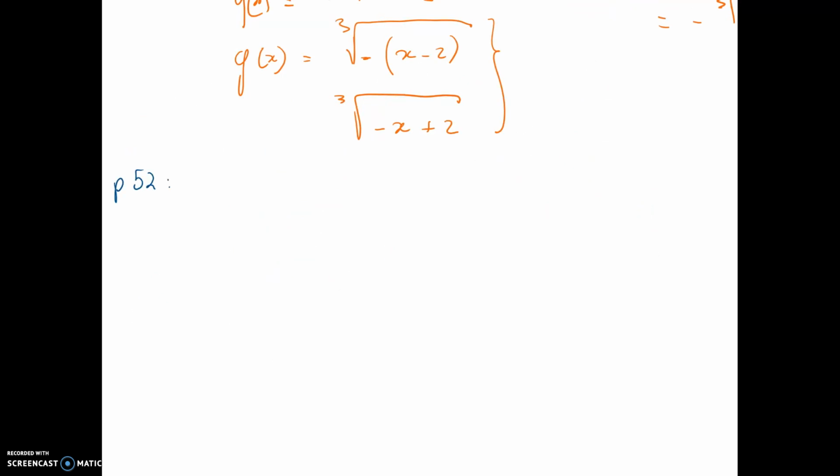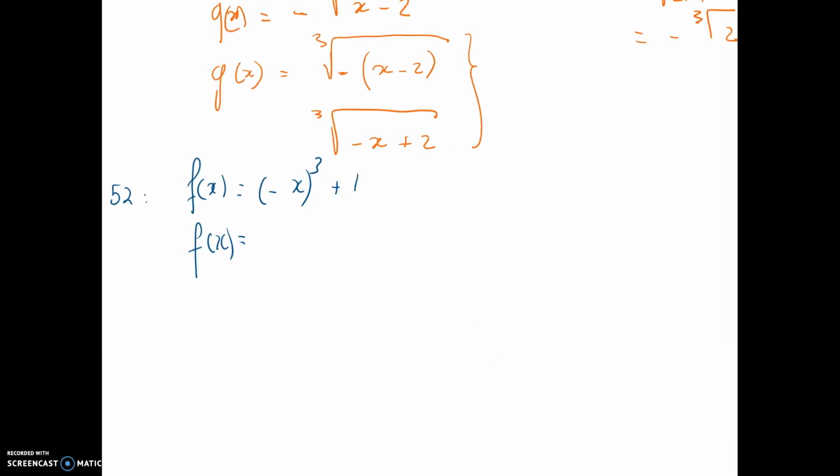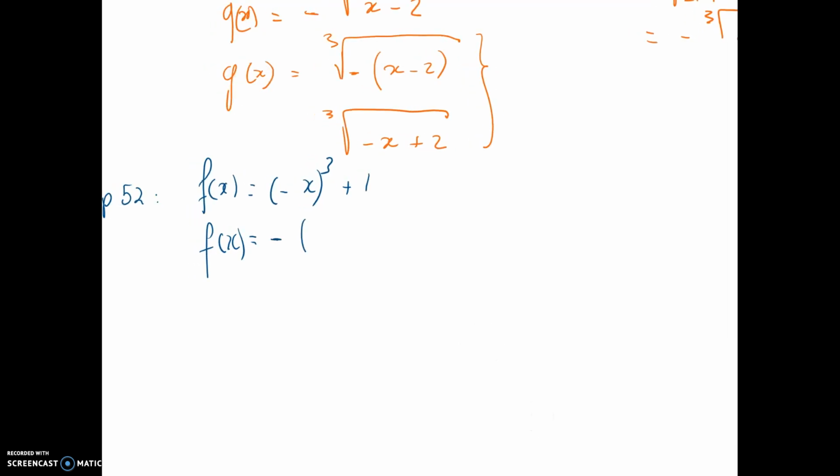On this problem number 52, we need to represent the graph of f of x equal minus x cubed plus 1. Right away, I can clear up the fact that negative x cubed is negative x cubed plus 1. Therefore, negative x cubed plus 1 this way.